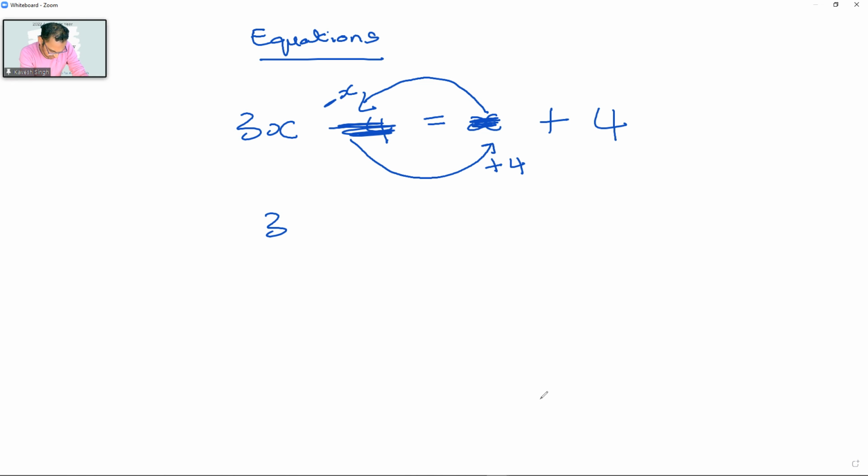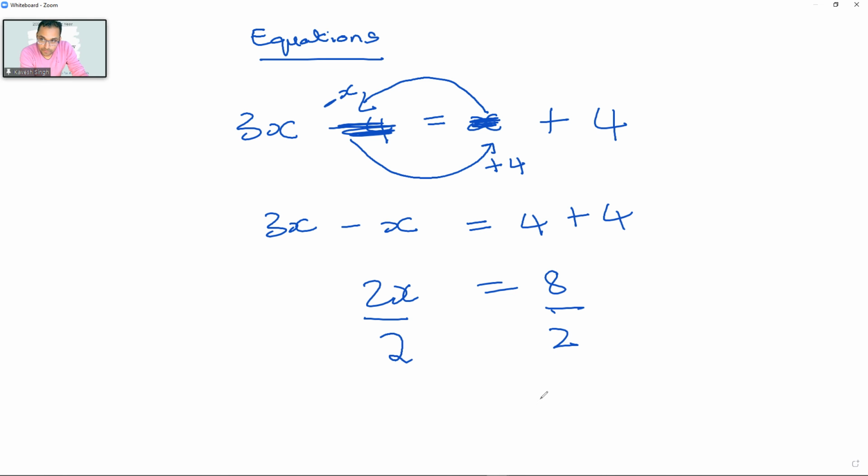What do we have on the left-hand side? 3x minus x, equals 4 plus 4. What will the left-hand side become? 2x. That's it. And the right-hand side? 8. Now what do we do? Divide by 2. That's it. And we're left with x equals 4.